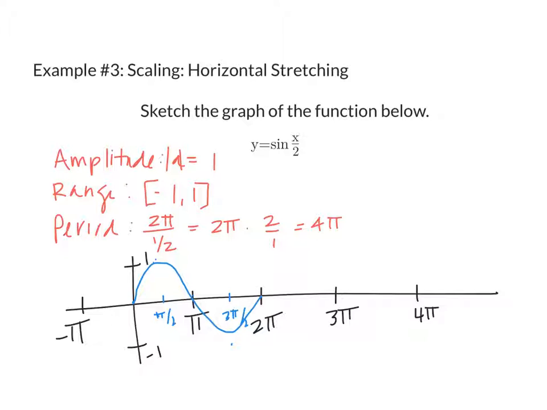But since it has shifted, these 4 values got stretched out. So we really don't focus on those values. We still have sine of 0 is 0, but now we just answer for pi.